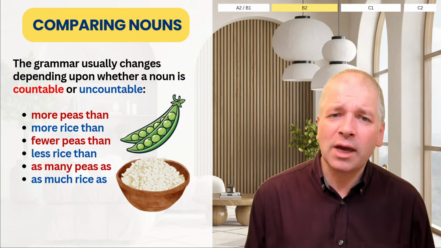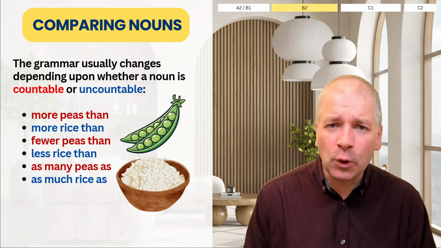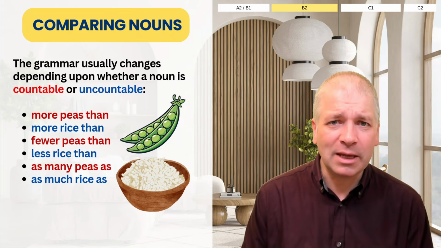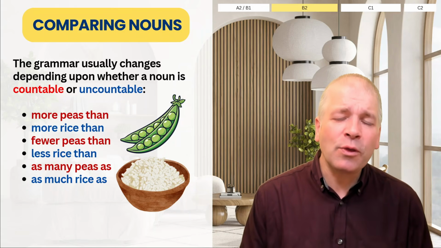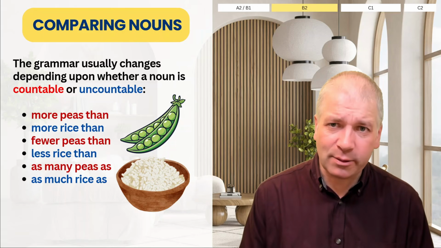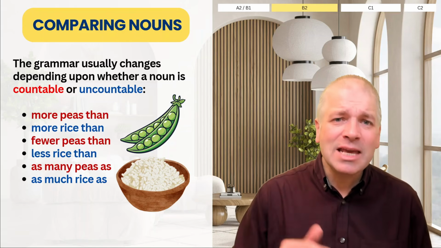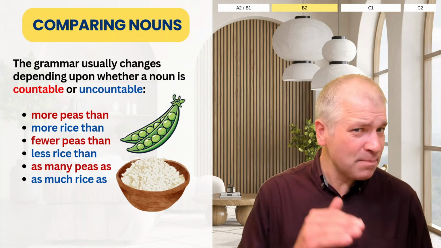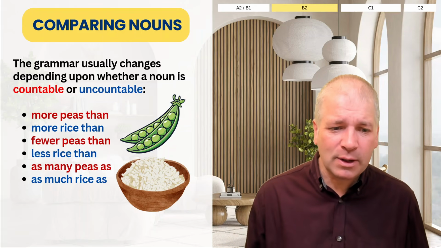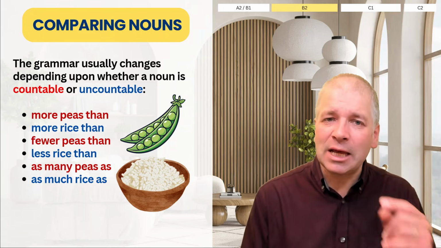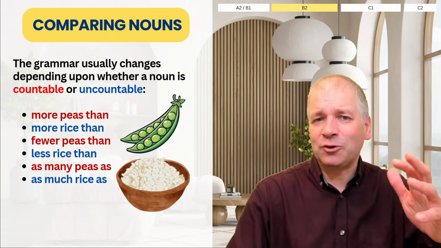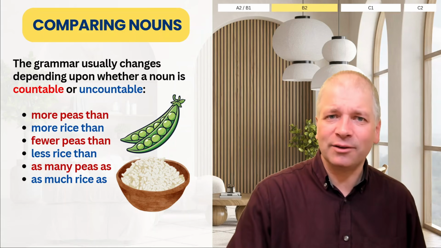But when we're talking about a lower amount, fewer with the countable word, peas, and less with the uncountable word, rice. And then when we use as and as, many peas as, but as much rice as. So we switch between fewer and less, many and much, when we're switching between the countables and uncountables.